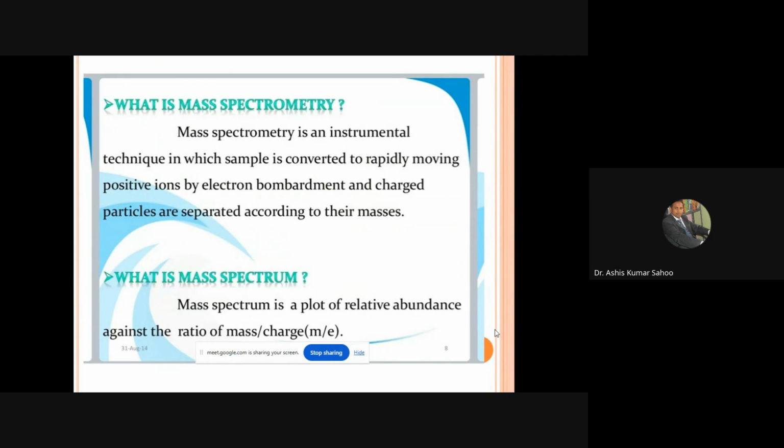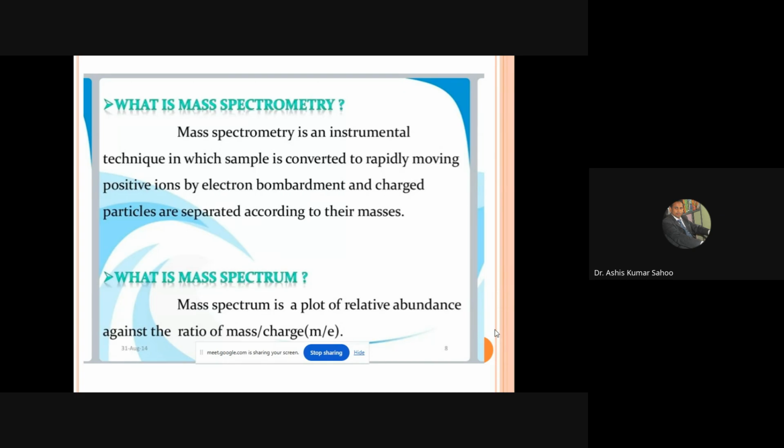What is a mass spectrum? A mass spectrum is a plot of relative abundance against the mass to charge ratio. So relative abundance versus mass by charge.